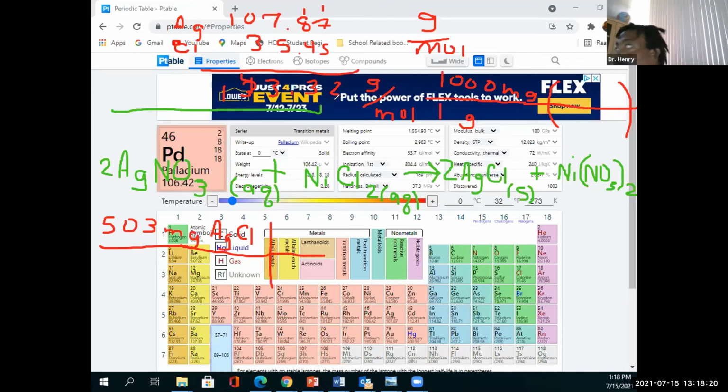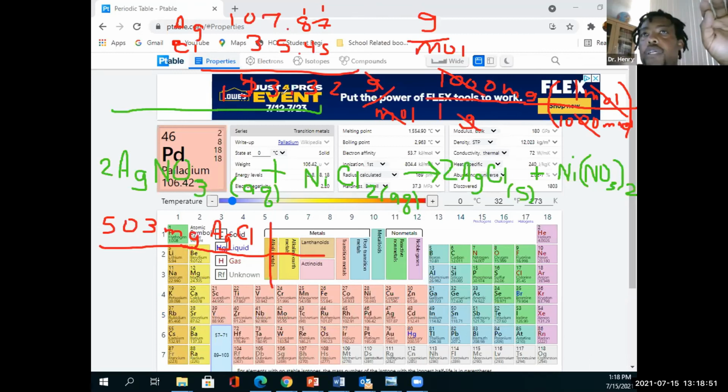Mil, 1,000, right? So 1,000 millimoles equals 1 mole. Okay, so if we did that crossing out, moles are going to cross out, grams are going to cross out, and then 1,000 is going to cross out. So I'll end up with the same number, right?